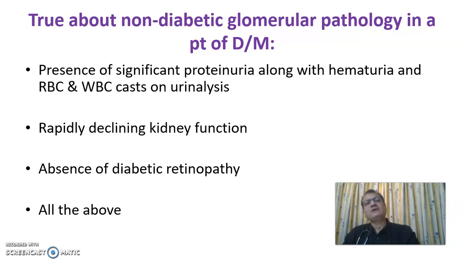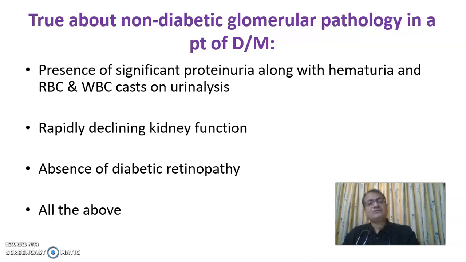If you recall, exactly after 25 years of uncontrolled diabetes, these patients go into end-stage renal disease in the background of diabetic nephropathy. So diabetic nephropathy is a slowly progressive condition. If it is a rapidly declining kidney function in a diabetic patient, you need to think of some other kidney pathology.